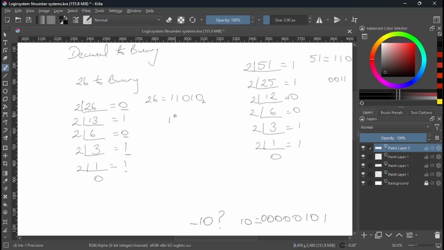If you have the number 13, all you have to do is say, okay, if I was to take 1 away from 13 to make it an even number, that'll be 12. So all I have to do is say 12 divided by 2 is equal to 6, right? But it's really 13, and this 1 could go as the remainder.